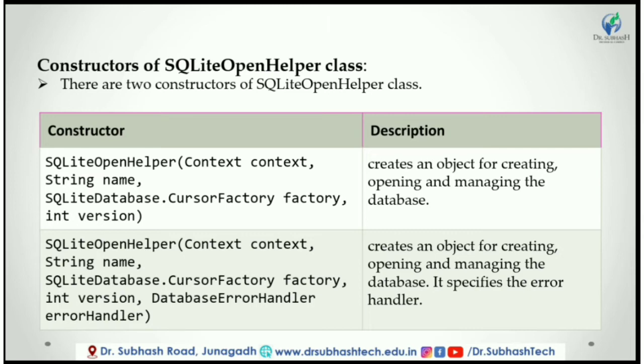The second constructor contains the first argument context, second string name, next SQLiteDatabase.CursorFactory, next integer version, and one more argument, DatabaseErrorHandler, which specifies the error handler. So these are the constructors available in the SQLiteOpenHelper class.